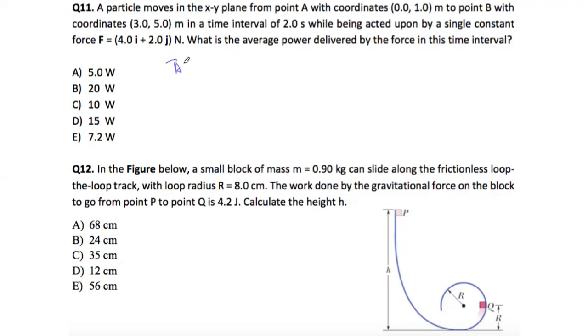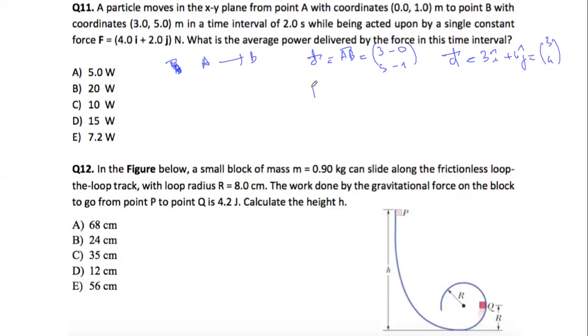So I went from point A to point B. So the displacement is AB, x B minus x A. And along y, you will have y B minus y A. So the displacement is 3 i hat plus 4 j hat. Good. So this is the displacement in unit vector notation.